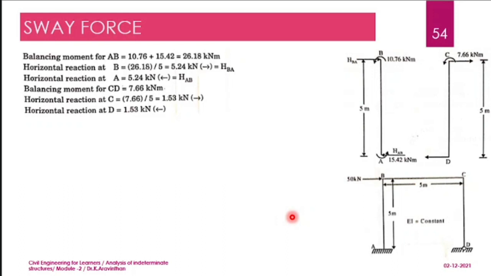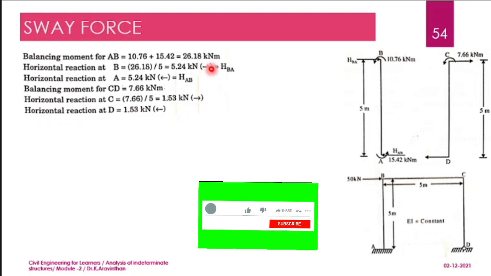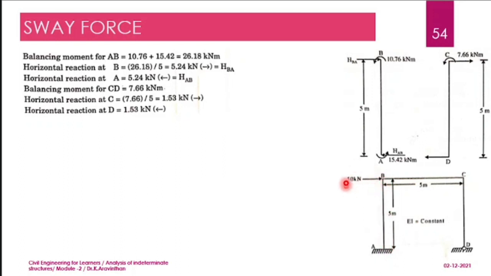We have balanced the moment. Whatever force is acting here, we have balanced the moment. We are not knowing what is the sway force which is exactly acting in each and every member. See, this member is fixed. You have a column here, and if it is, say for example, 50 kilonewton, if the force is applied, the column AB and CD will not be carrying same sway force.